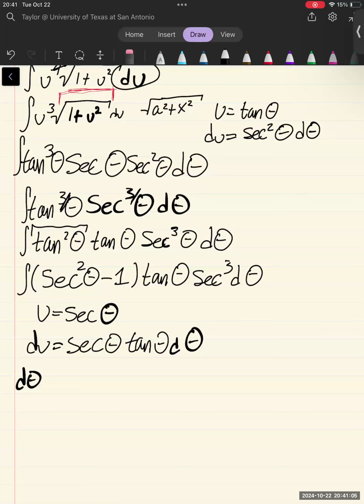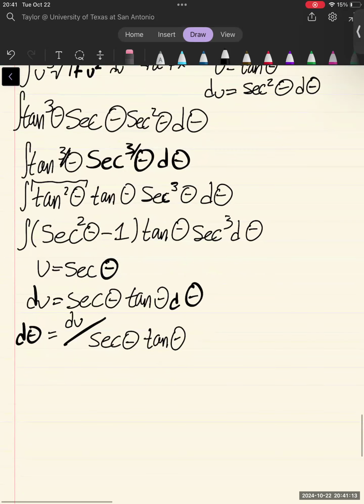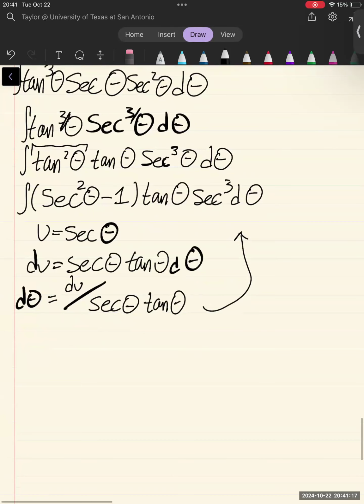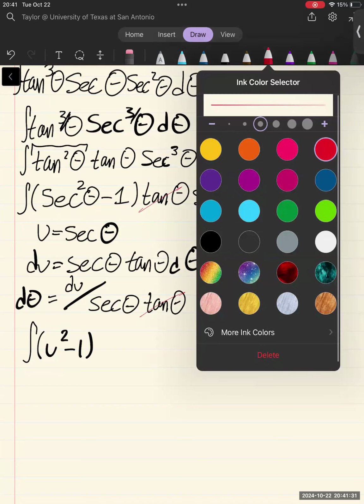Now we need a d theta term: d theta equals du over secant theta tan theta. All right, so substituting in my u's and substituting in my d theta, I get the integral of u squared minus 1. Secant tan cancels here. So then 1 over u.